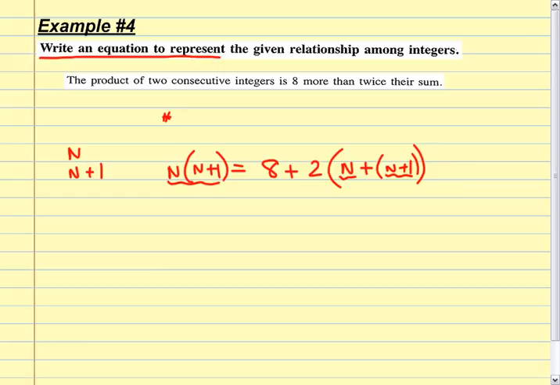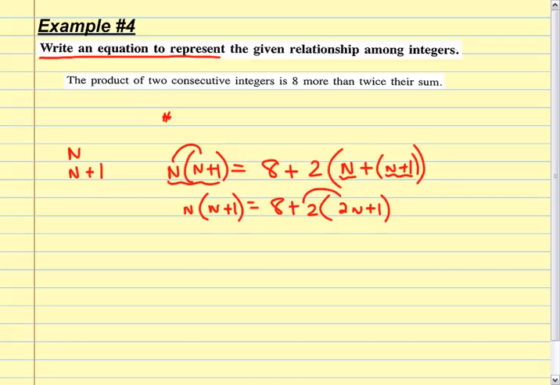Leave these two separate. We don't know how to simplify n squared. So we're just going to leave that as n times n plus 1 is equal to 8 plus 2 times 2n plus 1. Okay? Now we do know how to simplify this stuff over here.